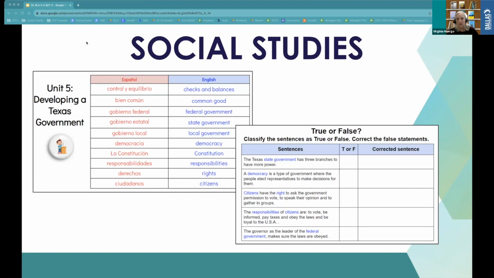For social studies, we did the same thing. So if you notice, we start with the same chart. And then in the second, in this case, we are classifying the sentences as true or false, okay? And then they need to correct the sentence. So they need to have mastered that vocabulary to show understanding of the words, synthesizing the concepts of the unit. Okay, next slide.